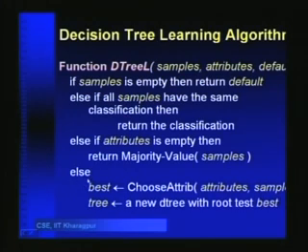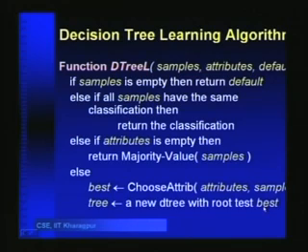Otherwise, now this is the main part, we choose an attribute from this remaining set of attributes and the remaining set of samples, right. So, this is the step which will use that formula to choose the proper attribute, and then we initialize tree to a new decision tree with root test as best.